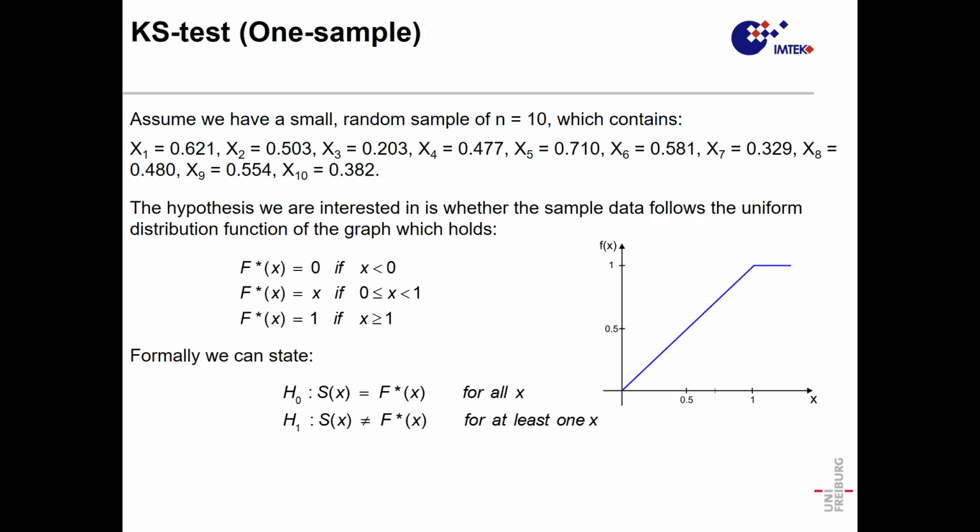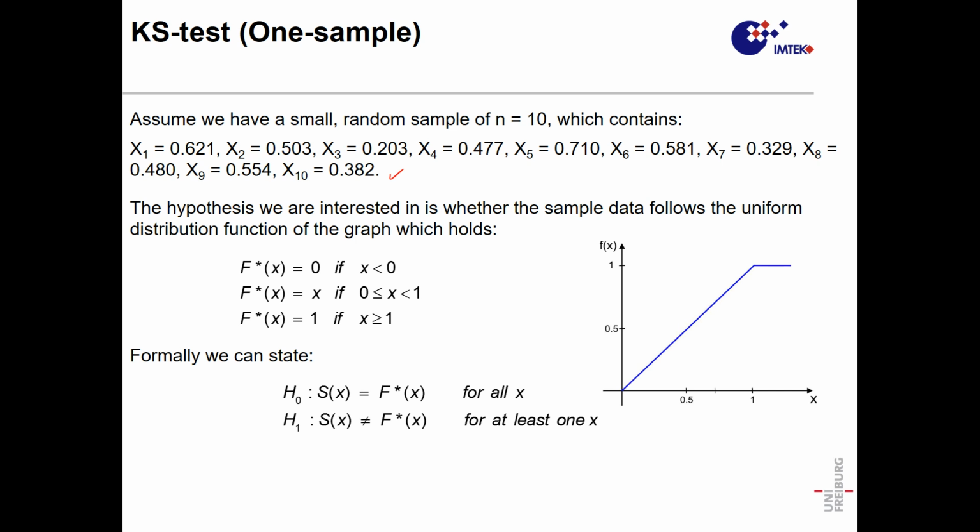So, examples always to make it clear. Let's say that we have collected 10 points, and the 10 points are here, right? And now we want to see if this empirical data that we have collected follows a uniform distribution that has the shape of the blue line here.